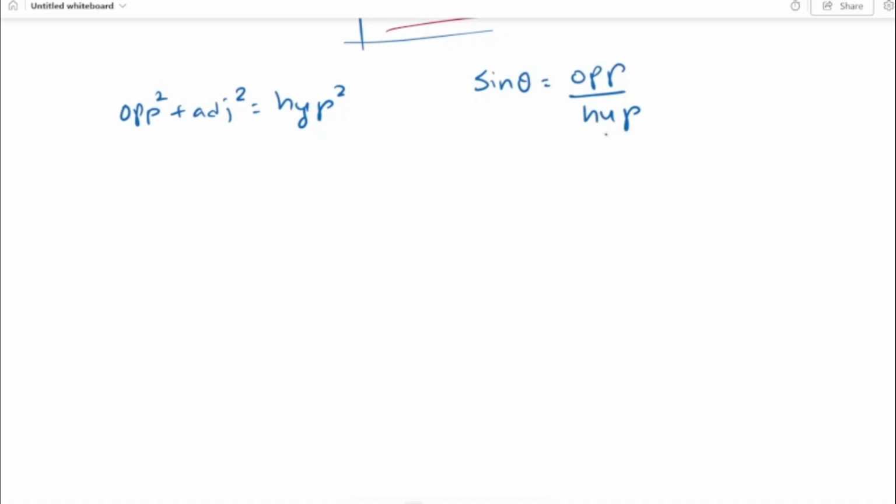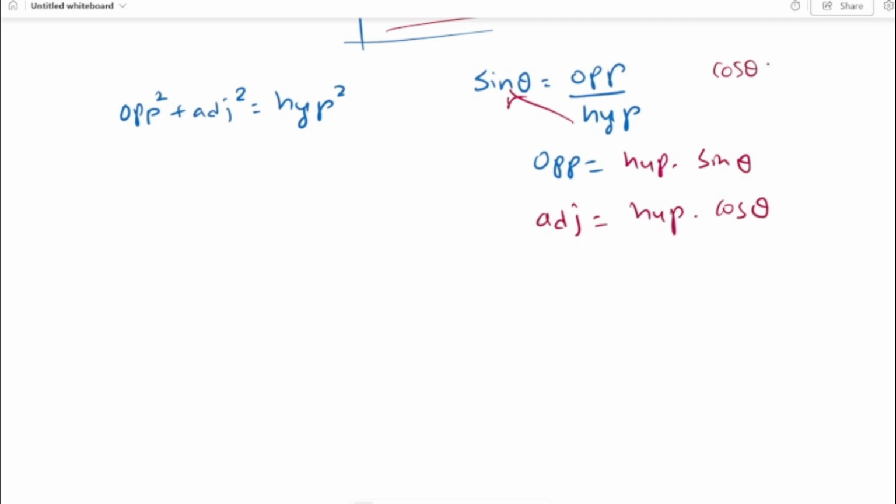So I can write opposite equal to, cross multiply, hypotenuse times sine theta. Likewise, adjacent will be hypotenuse times cos theta, because the definition of cos theta is adjacent over hypotenuse.